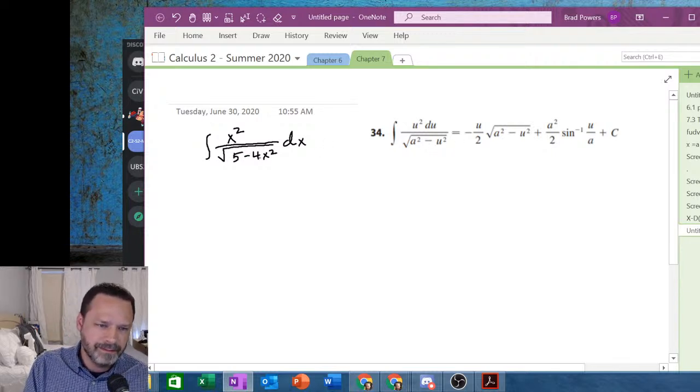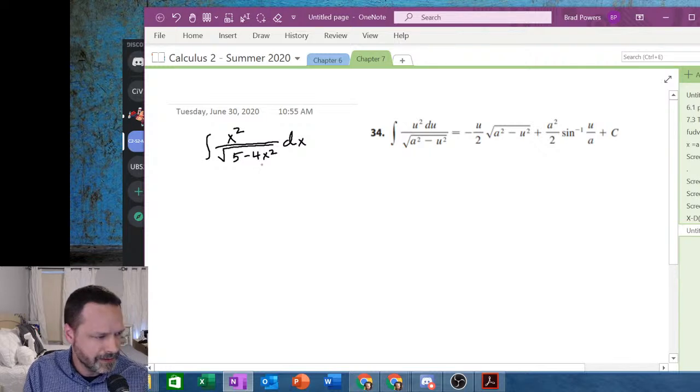What I have is not that, but I could mess with this and get it to totally look like that. Or I could use a u sub and get it to look exactly like that. I like to factor. I can factor a 4 out of the bottom, a root 4, and I'll have it. So I'm going to go with the algebra way.